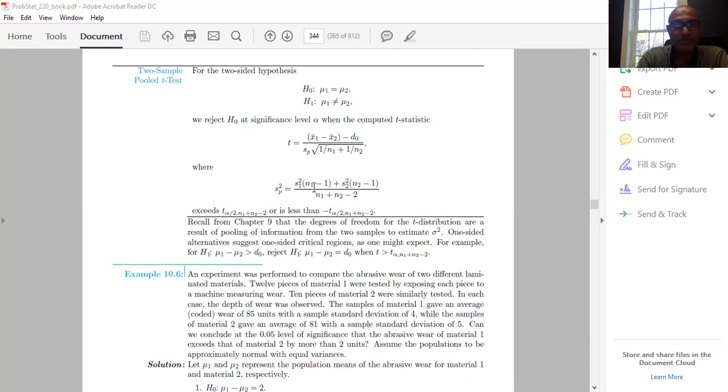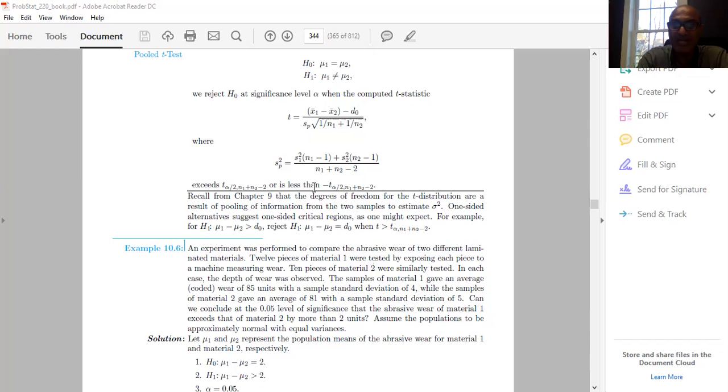Okay, fine. The same thing can be done for mu1 greater than mu2 and mu1 less than mu2, right? In greater than mu2, the critical region is outside, right tail means outside, right? If it is inside, do not reject H0. If it is outside, reject H0.